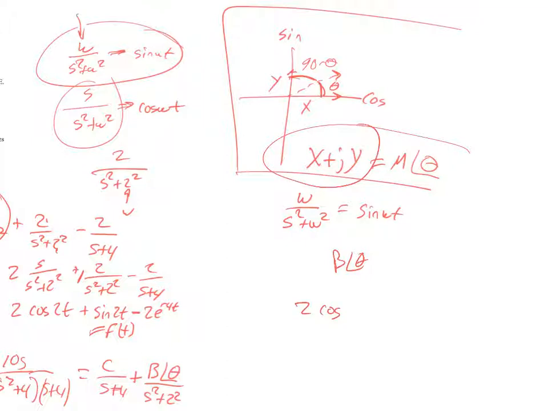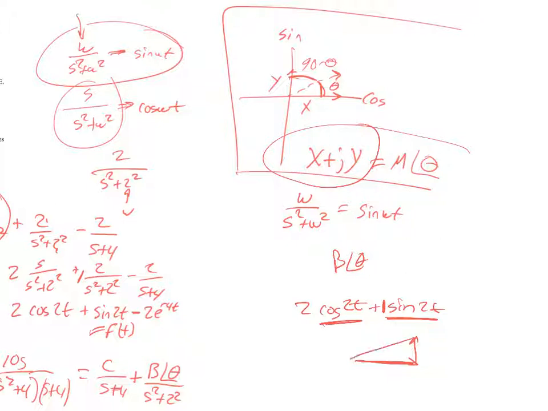Let me sit down and write this because I can make it a little clearer. I have 2 cosine of 2t plus sine of 2t, right? This element is multiplied by 2, this element is multiplied by 1. So if I combine these into a vector, I would go 2 in the cosine direction and 1 in the sine direction, right?